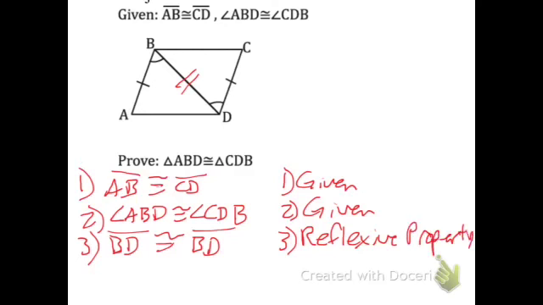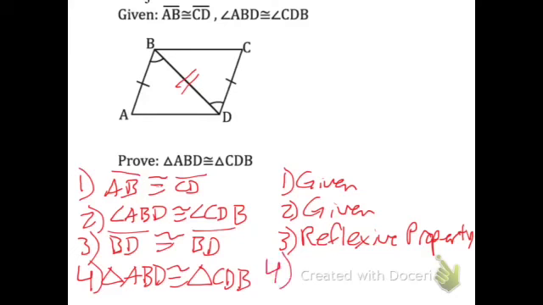And once we have all that, we actually have side, angle, side for both triangles. And so that's our final conclusion, that triangle ABD is congruent to triangle CDB, and that is by side, angle, side.